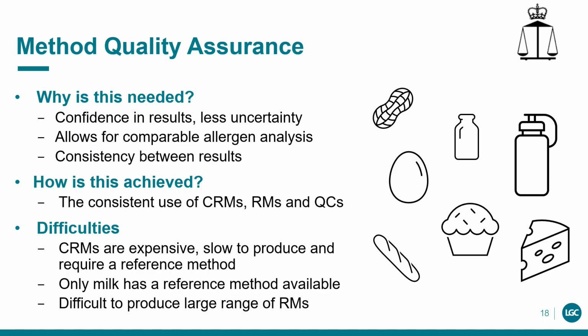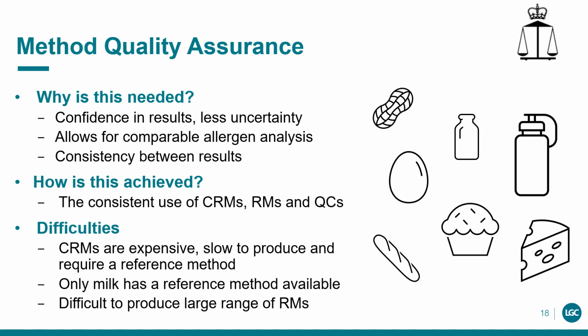However, as kit performances differ depending on sample matrix type and whether a sample has been spiked with a CRM before or after processing, it is important to ensure a range of reference materials, RMs, are available for each allergen and in both raw and incurred matrices.